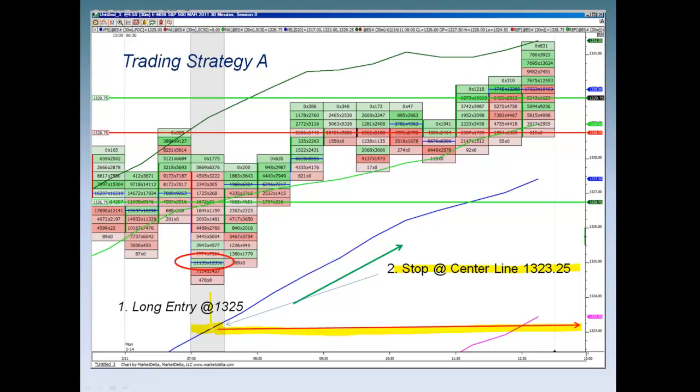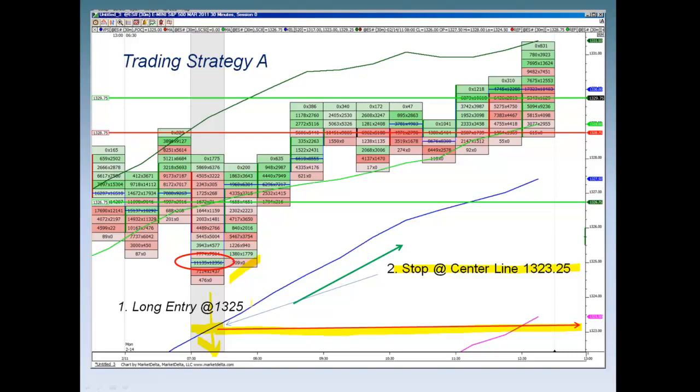If in fact prices continue to move lower than that, then the market conditions that I was basing my trade on have changed, and I probably want to be out of the market. However, if the market continues to move in the direction that I had anticipated, I should be in good shape.